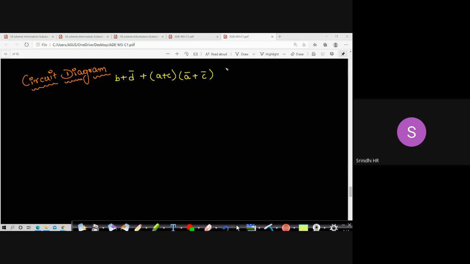Okay, so this is one term. What is my next? I am having a bar plus b bar plus c, and then into a plus c bar plus b plus d bar whole bar.